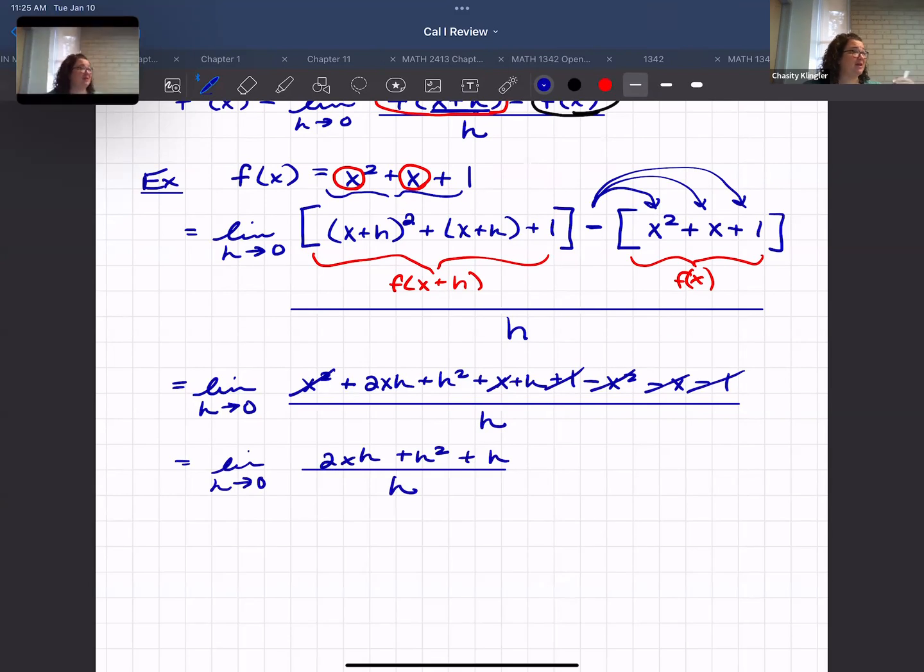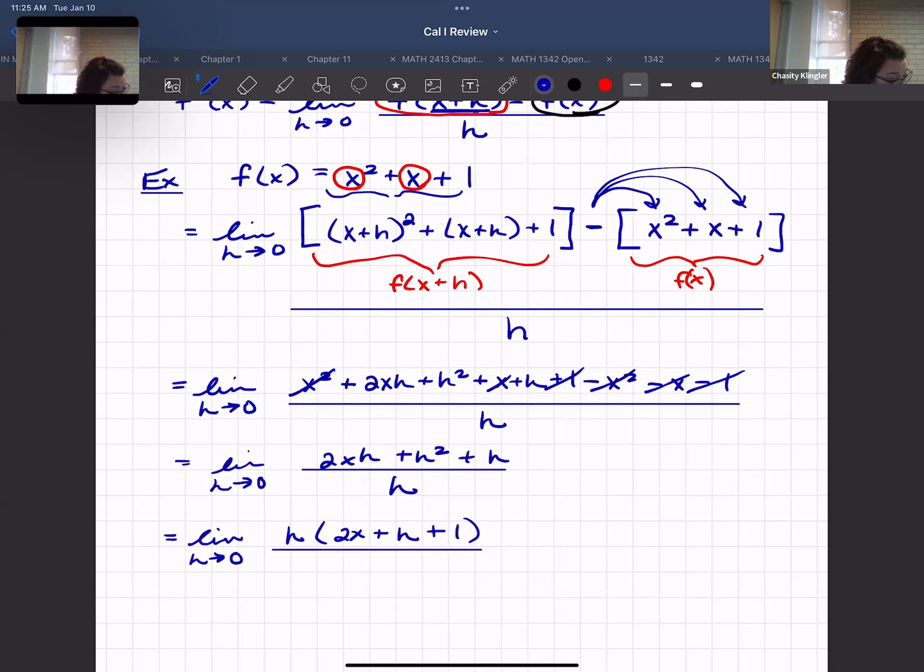If everything didn't have an h on the top, I couldn't pull an h out. And that's what's letting me actually take the limit, because that lets me cancel the h on the bottom. So I pulled an h out of every term on top. Now I can cancel that with the denominator.